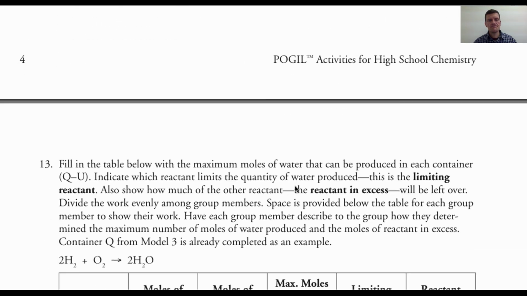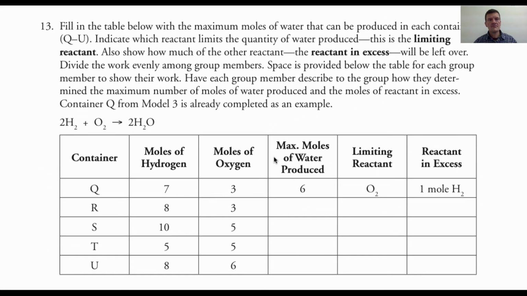There you go. Fill in the table below with the maximum moles of water that can be produced in each container. Indicate which reactant limits the quantity of water produced. This is the limiting reactant, and we're going to find out which one is in excess and how much will be left over.